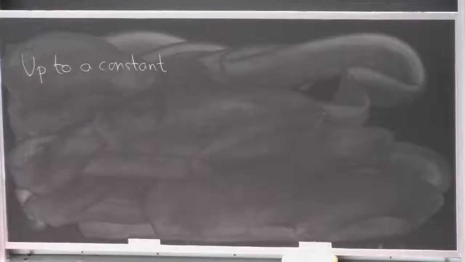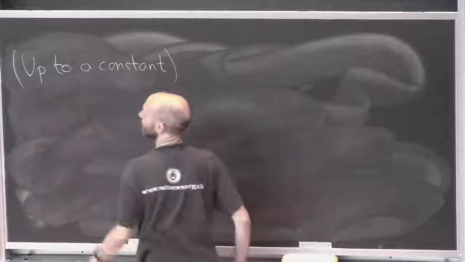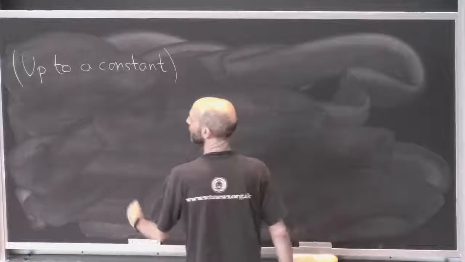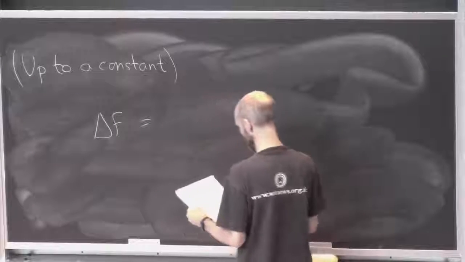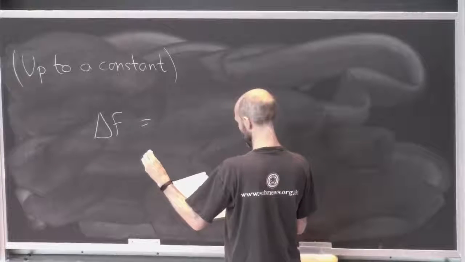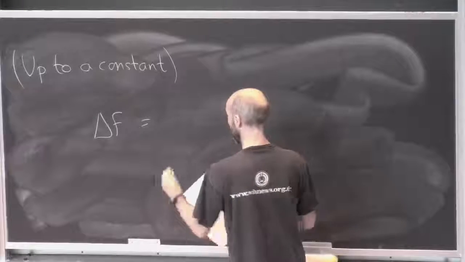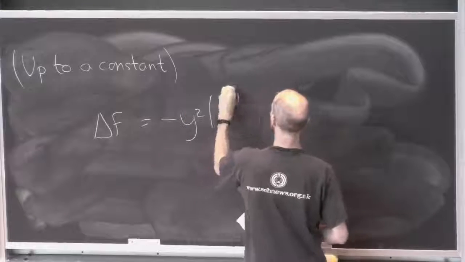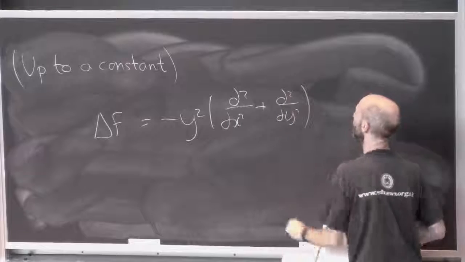This triangle is just some polynomial generator. I can scale it by some non-zero real or complex number, and I still get a triangle, and different people use different normalizations. So up to a constant that I'm a bit hazy about, delta of f is just, what? I wrote it down somewhere. Oh, here we are: minus y squared times d2 by dx squared plus d2 by dy squared.